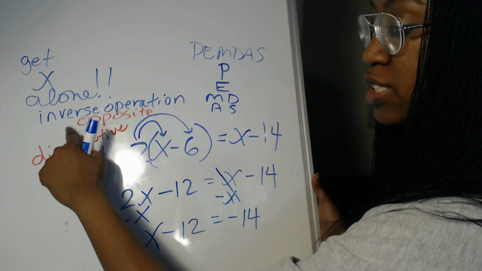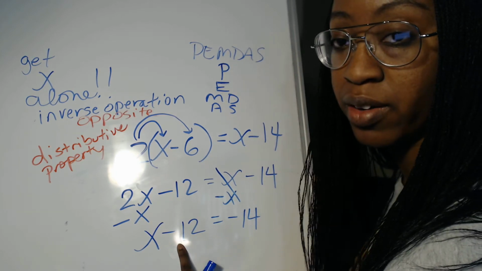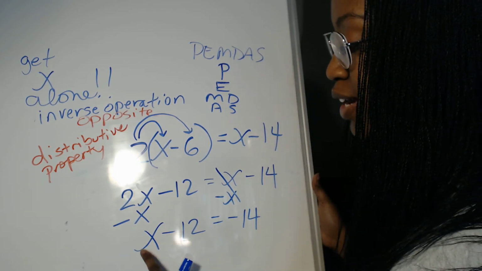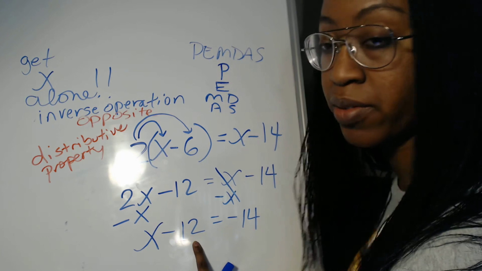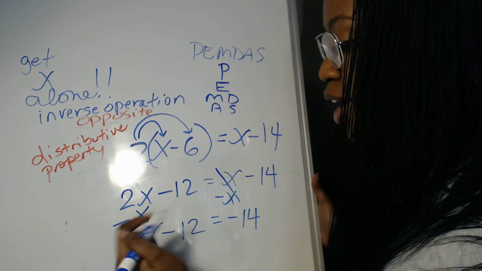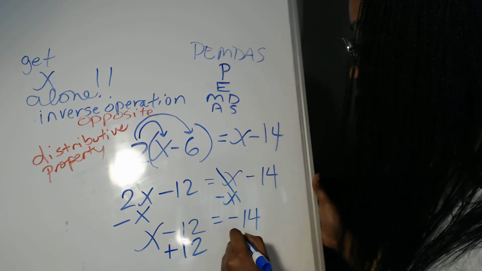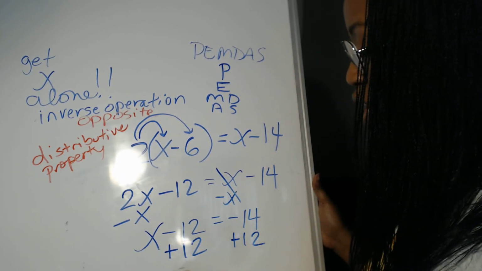We got to utilize the inverse operation to get rid of whoever's over here. Well, right now x is being subtracted by 12. What's the opposite of being subtracted by 12? Add 12. Whatever you do on one side, you do to the other. Add 12. Okay?